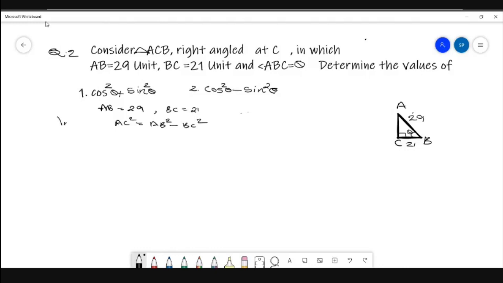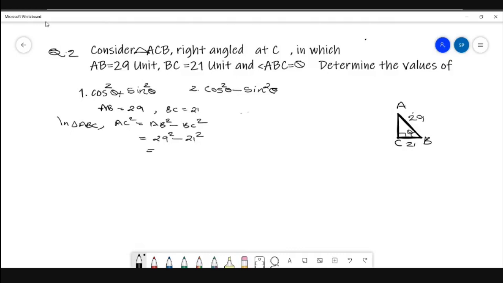So in triangle ABC, we can apply the values. AB is 29. So 29 square minus 21 square. Here you can find squares separately or use the a square minus b square form.